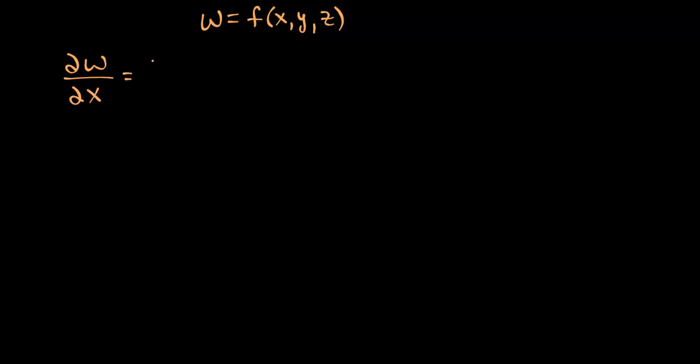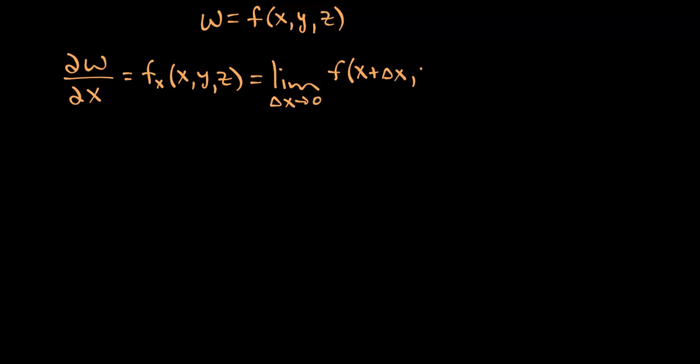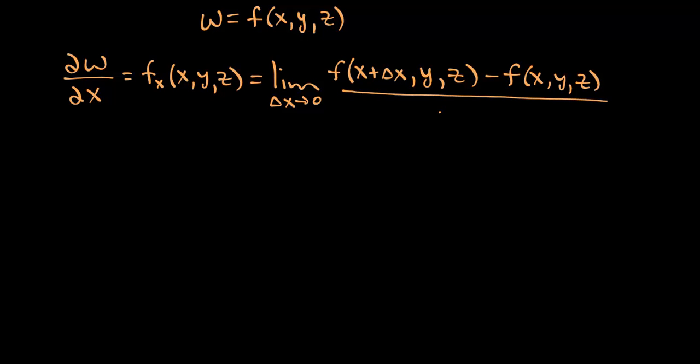And the notation's the same, and the definition looks the same as well. So this would be f of x plus delta x, where y is constant and z is constant. Okay, so there's the partial of w with respect to x.